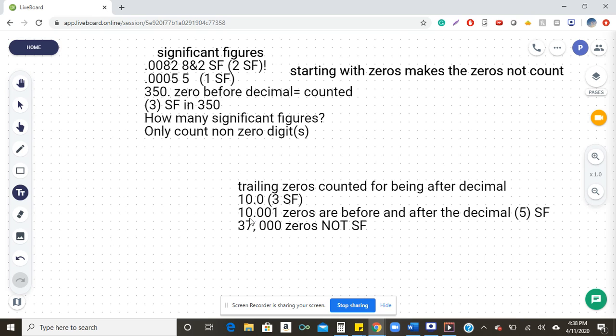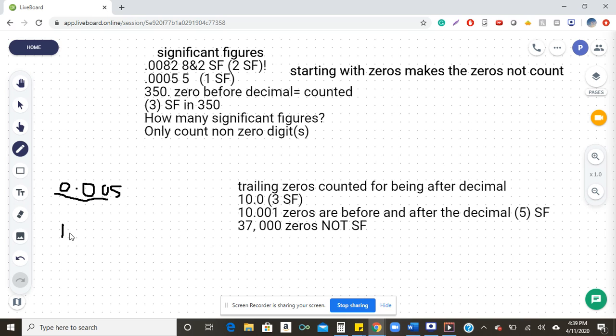If you have a non-zero digit in the left part of the decimal, then you can count all of the zeros. It simply can't begin with a zero, which means that it doesn't have any zeros out here. If it had a zero here, then you still cannot count it because it begins with zeros.